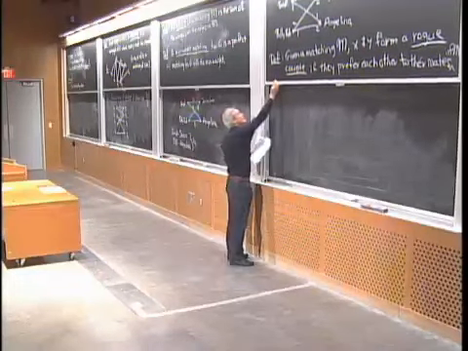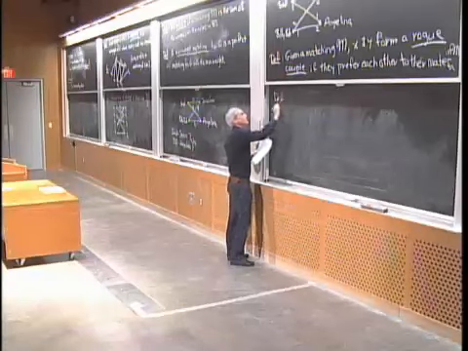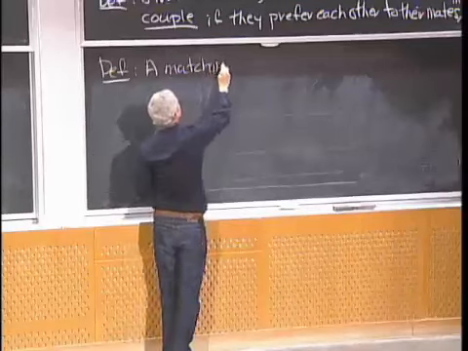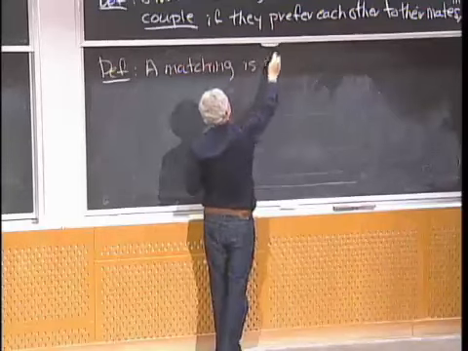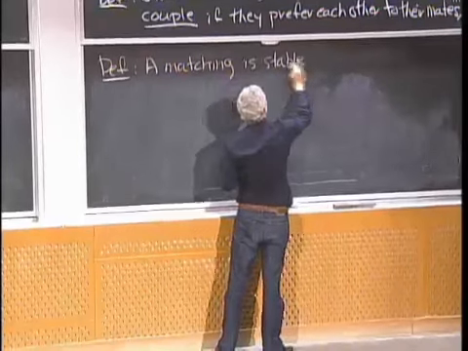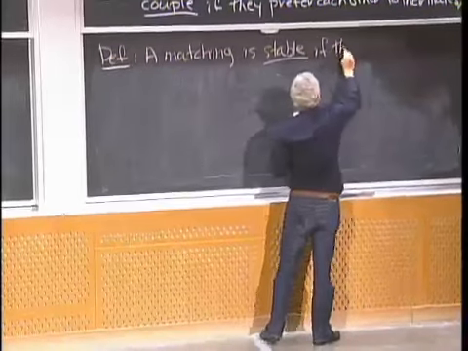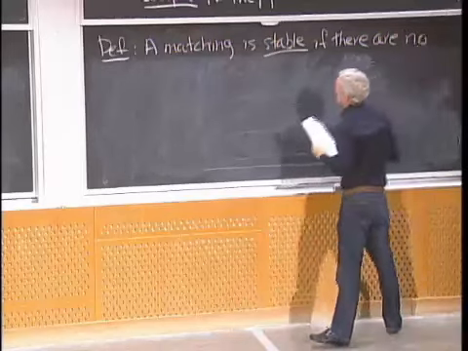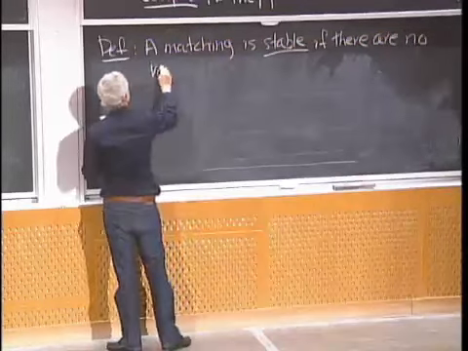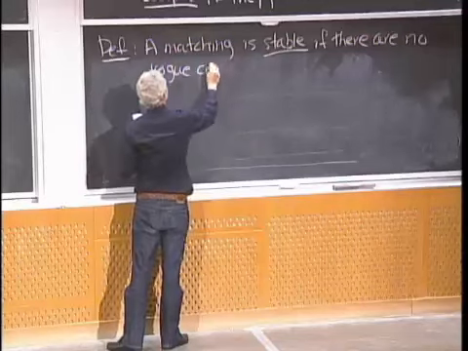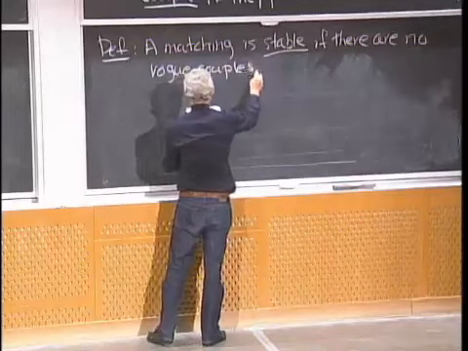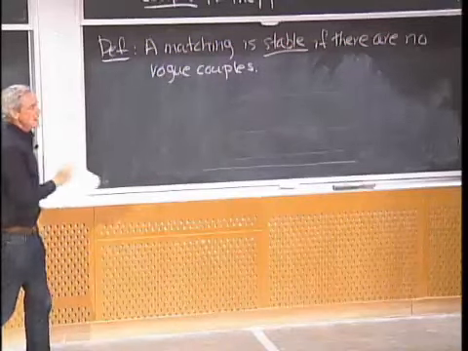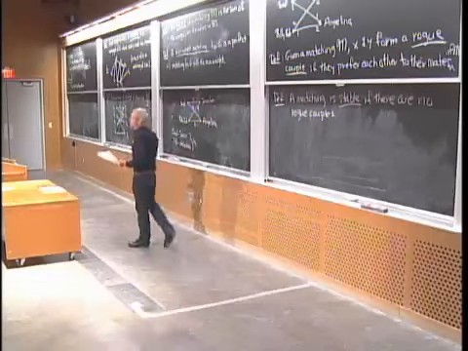In fact, we say that a matching is stable if there aren't any rogue couples. And now, one thing to make clear is that your preferences can't change over time.